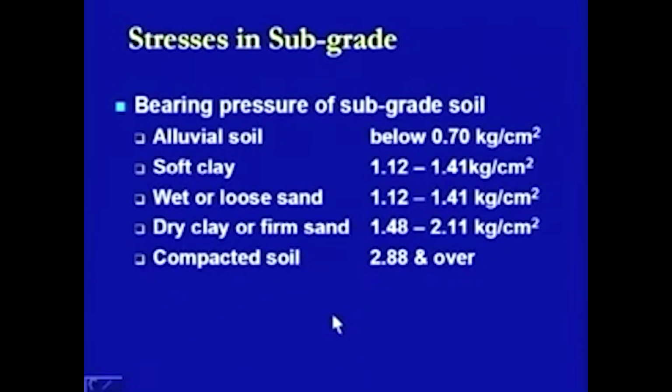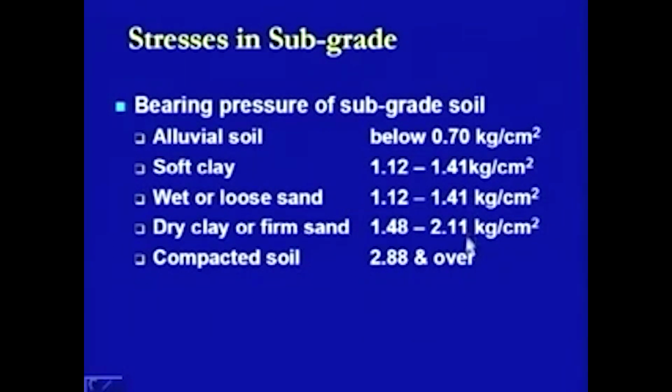Now, coming to the stresses in subgrade. In the case of stresses in subgrade, the bearing pressures of different types of soil or material have been given here. In the case of alluvial soil, it is below 0.7 kg per centimeter square. For soft clay, it is 1.12 to 1.41. It is the same for wet or loose sand.